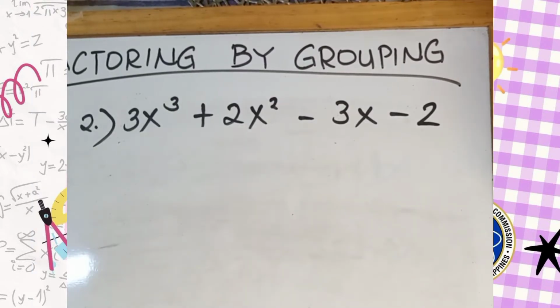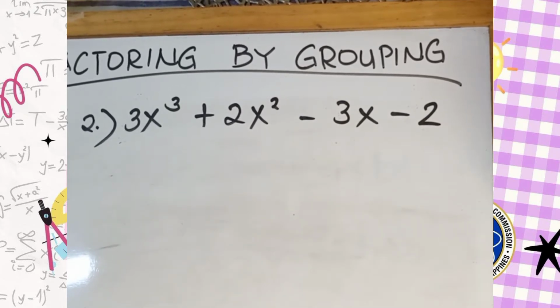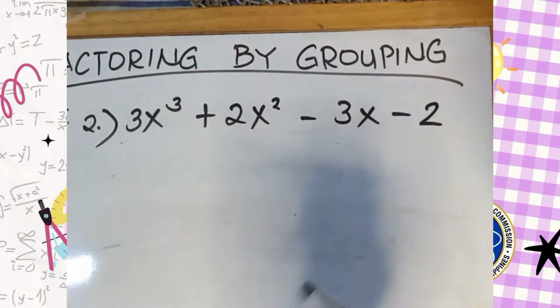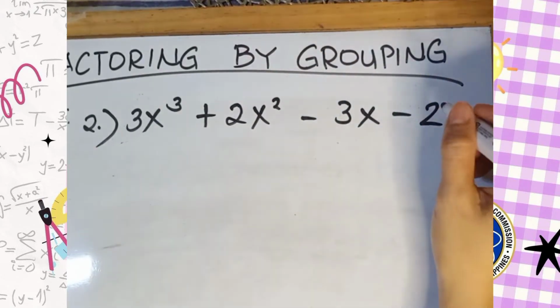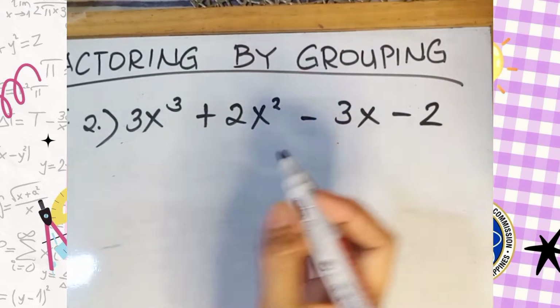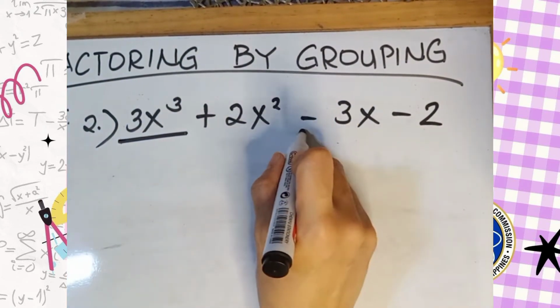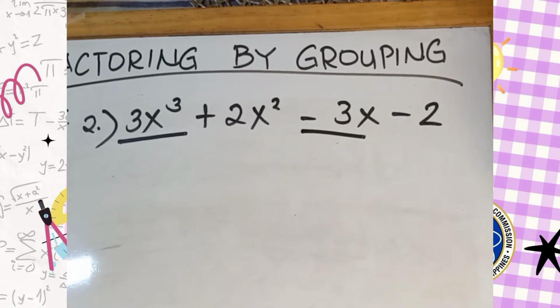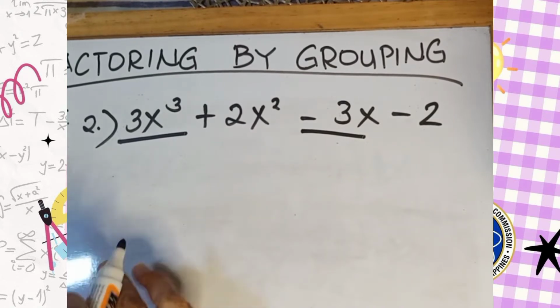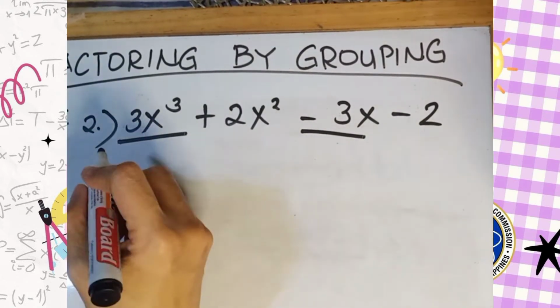Okay, so let's have an example number 2. We have a given polynomial 3x cubed plus 2x squared minus 3x minus 2. So, in our given polynomial, mapapansin agad natin that our first term and our third term has a common factor. So, therefore, sila yung pwede nating ipagsama sa group.